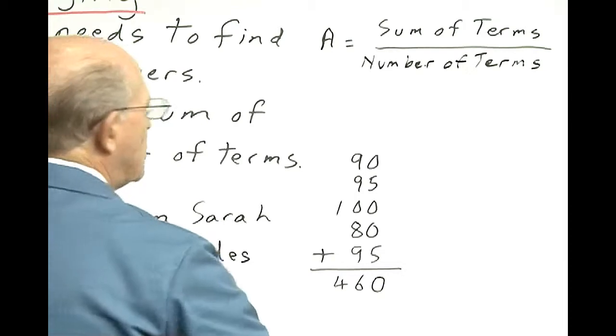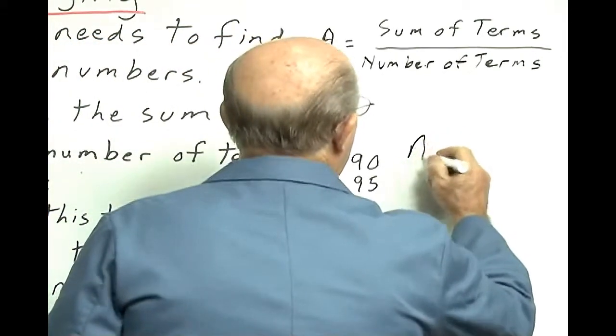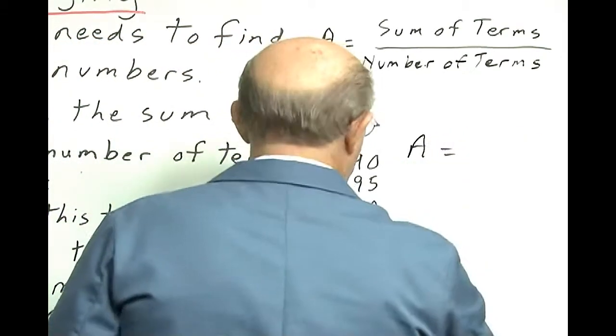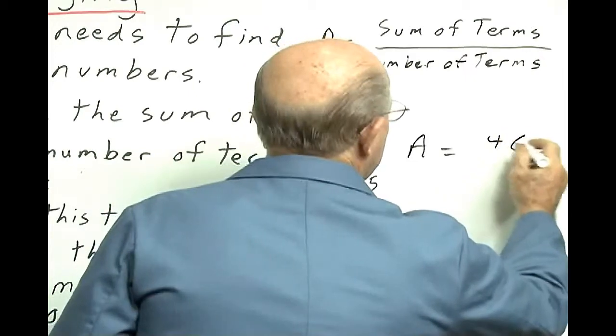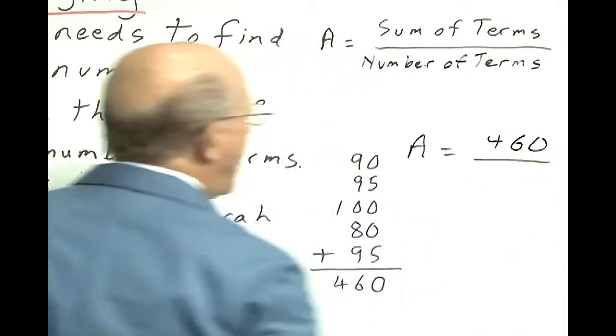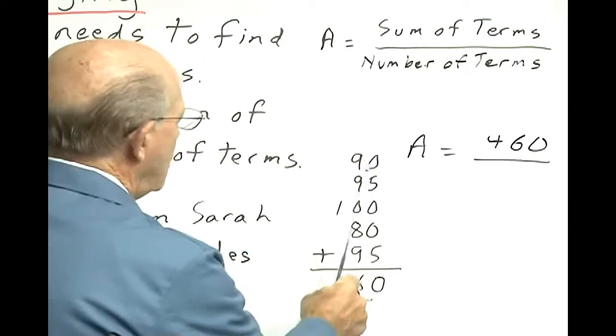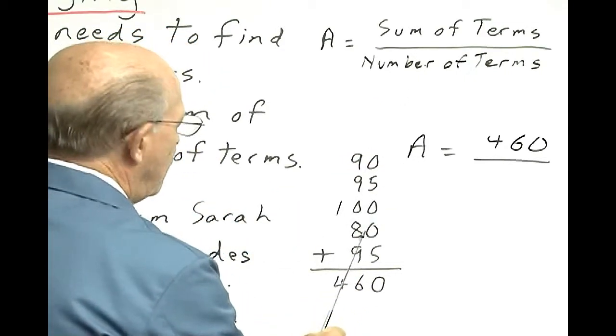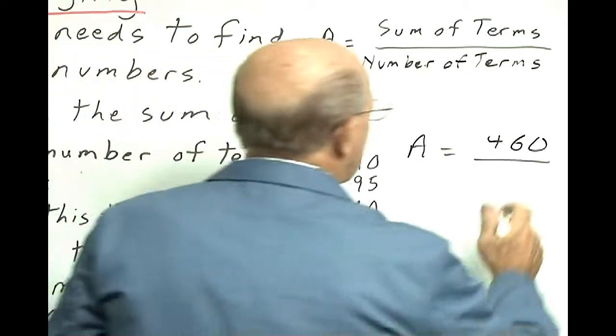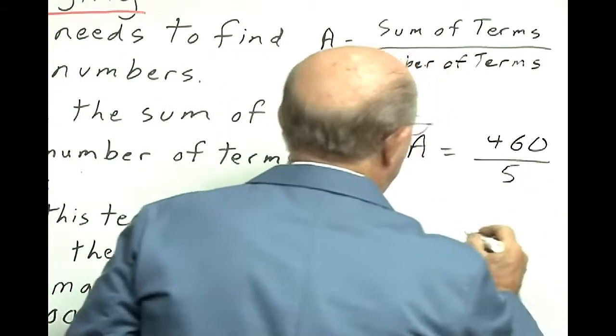So A equals 460 divided by the number of terms. And here we have 1, 2, 3, 4, 5. So divide that by 5.